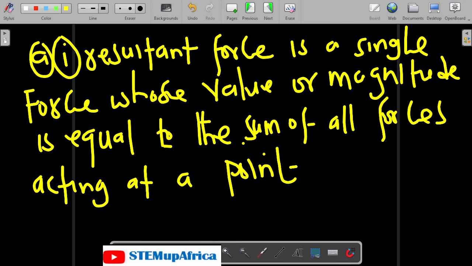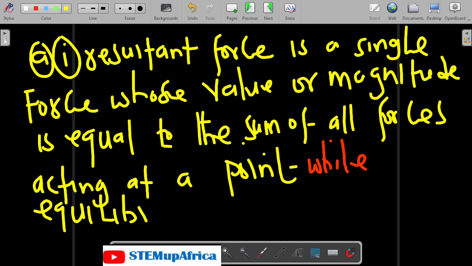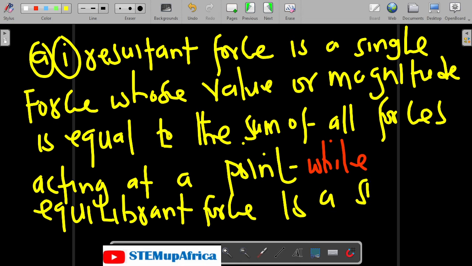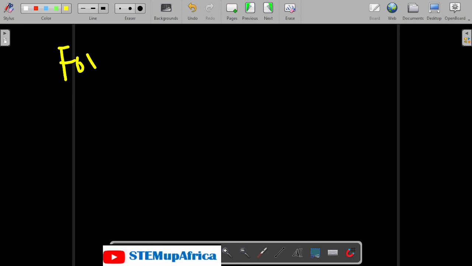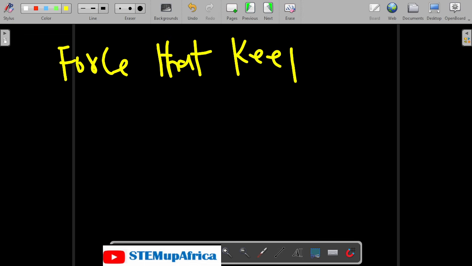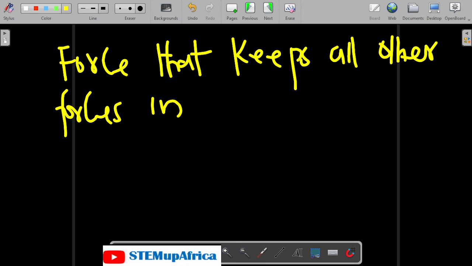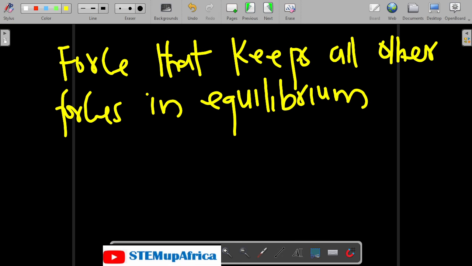So why, let's differentiate it now. Why equilibrium force is a single force that keeps other forces in equilibrium.